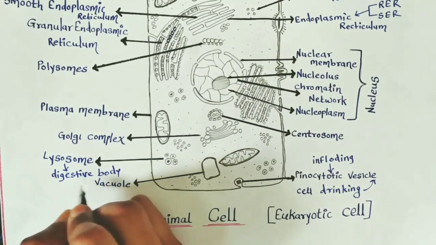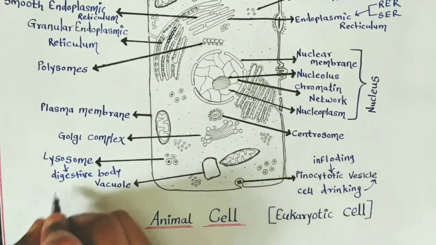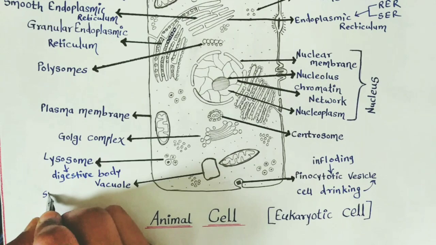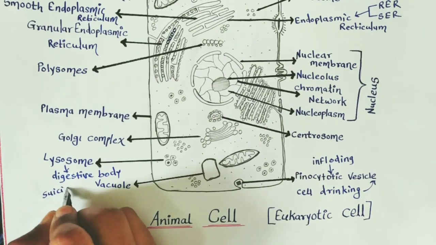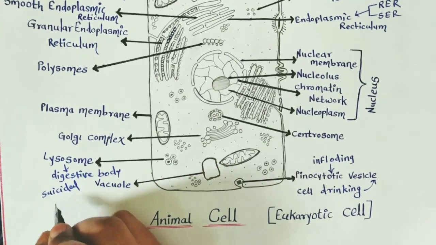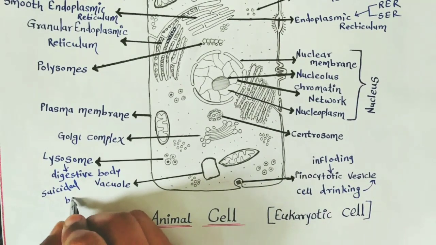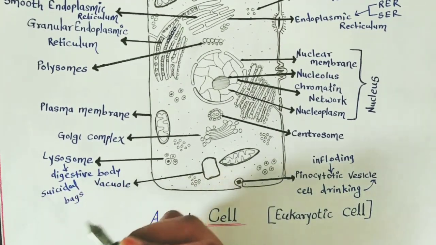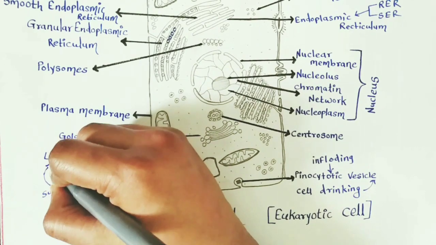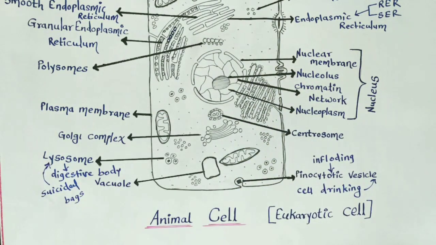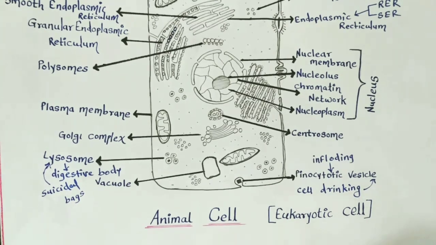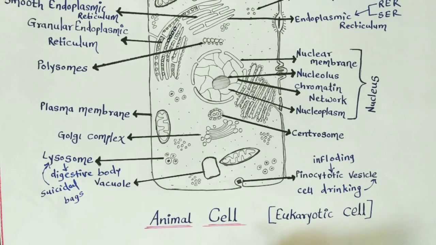Lysosomes are single-membrane-bounded bodies, rounded, elliptical, or highly irregular in shape. They are also called the suicidal bags of the cell because they digest all kinds of material inside or outside the cell. Lysosomes originate from the Golgi apparatus or Golgi bodies.